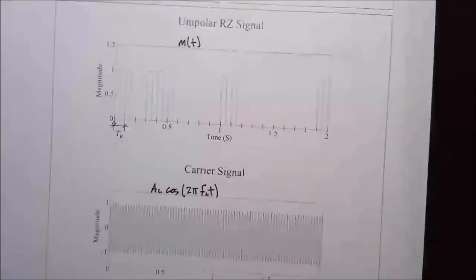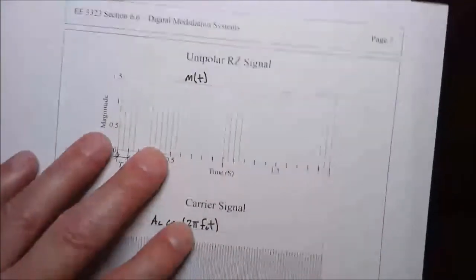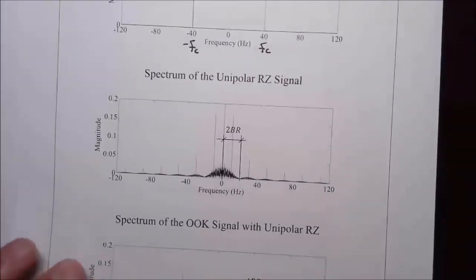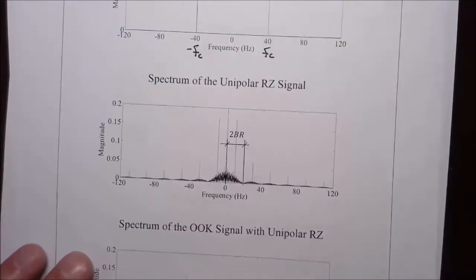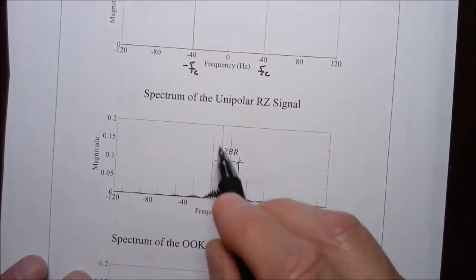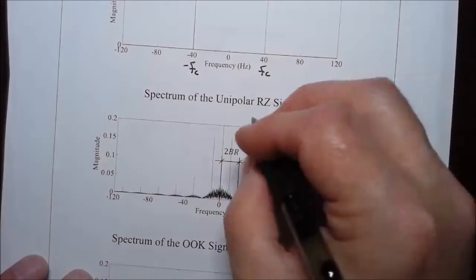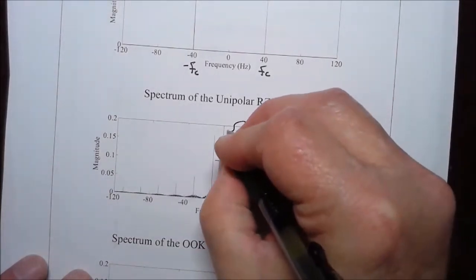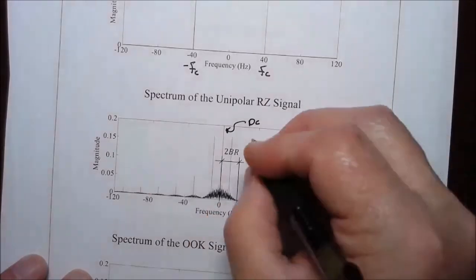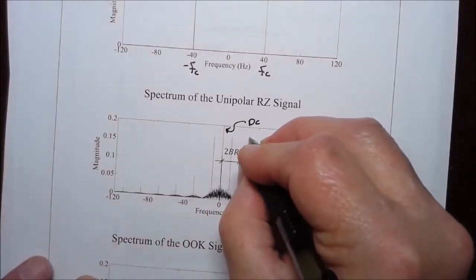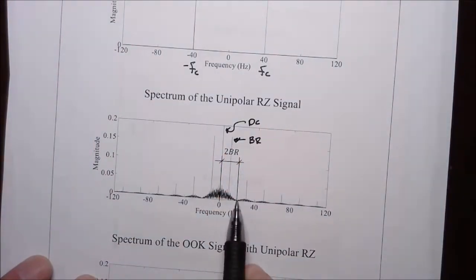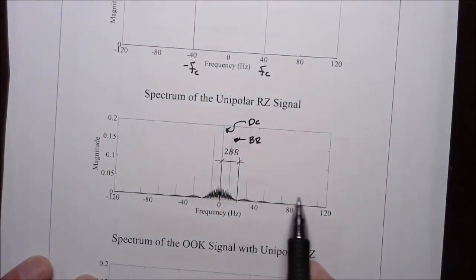This is what I found numerically by taking this random signal and doing a Fourier transform in MATLAB, and we see we get exactly the same result. Here is the DC component. This strong line and this strong line. This is at the bit rate, and then we get the 3rd, 5th, 7th.